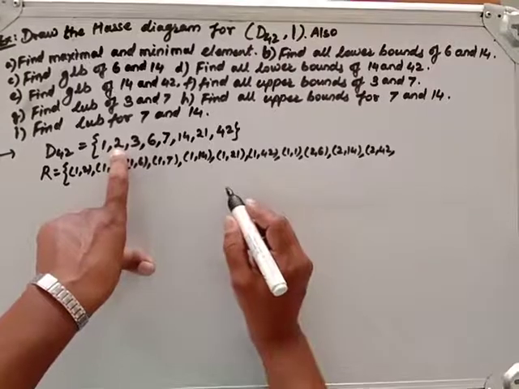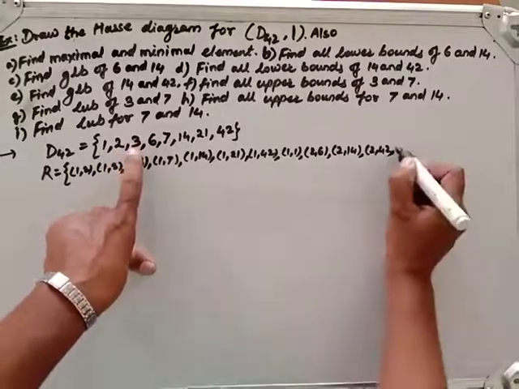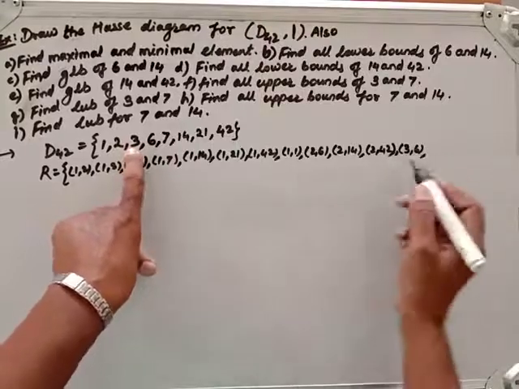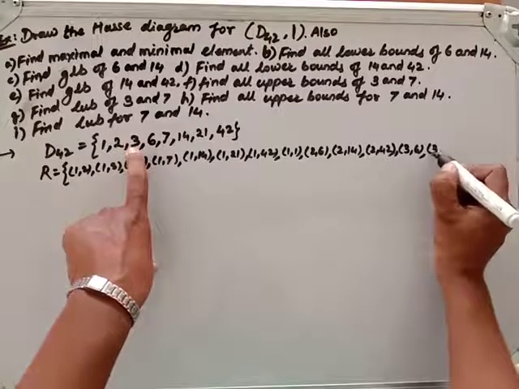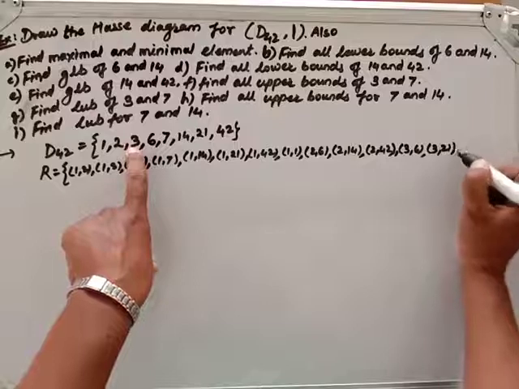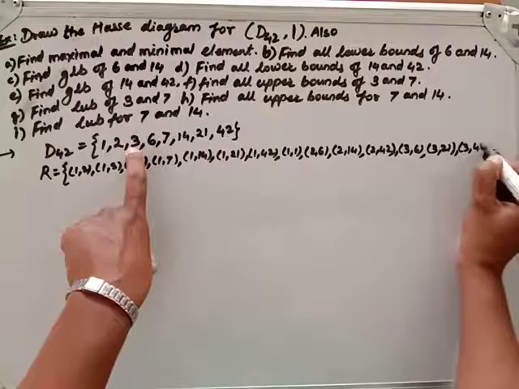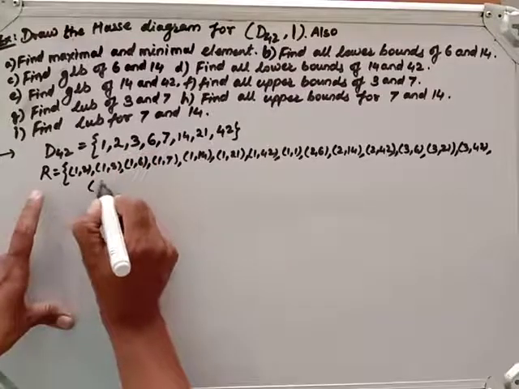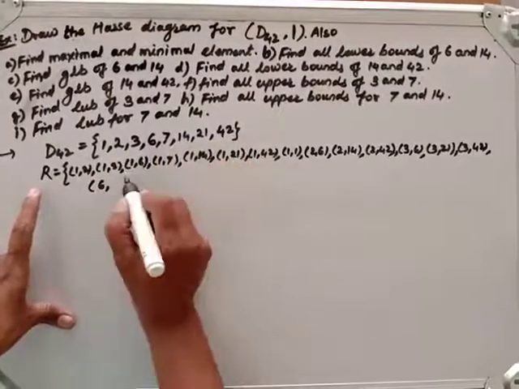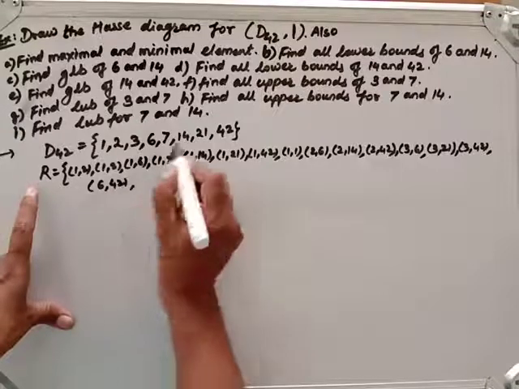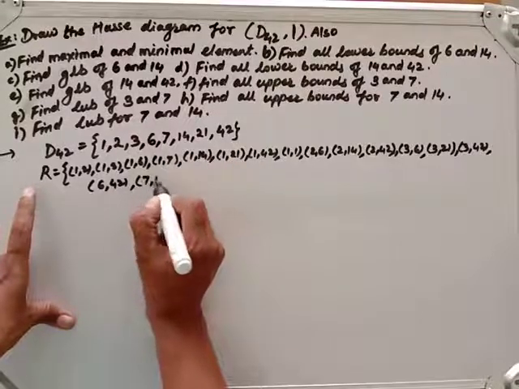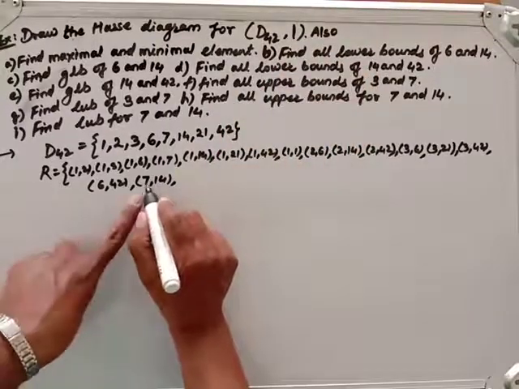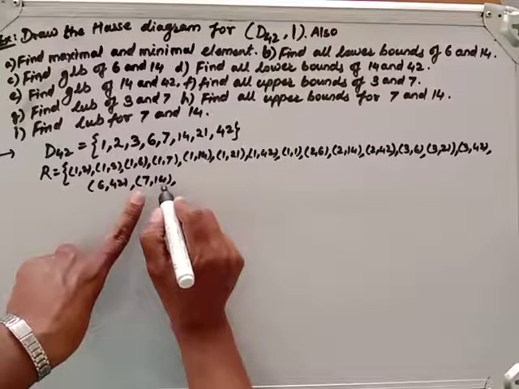Now 3 related to 6, 3 related to 21, and 3 also related to 42. Now 6 related to 42 only. Now 7 related to 14. With this divisibility relation, the first element divides the second one.